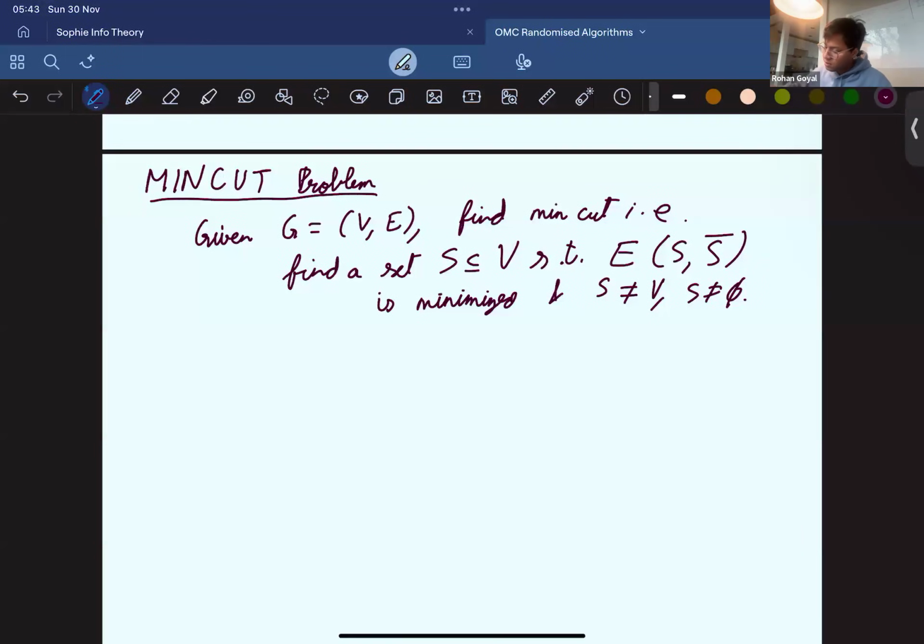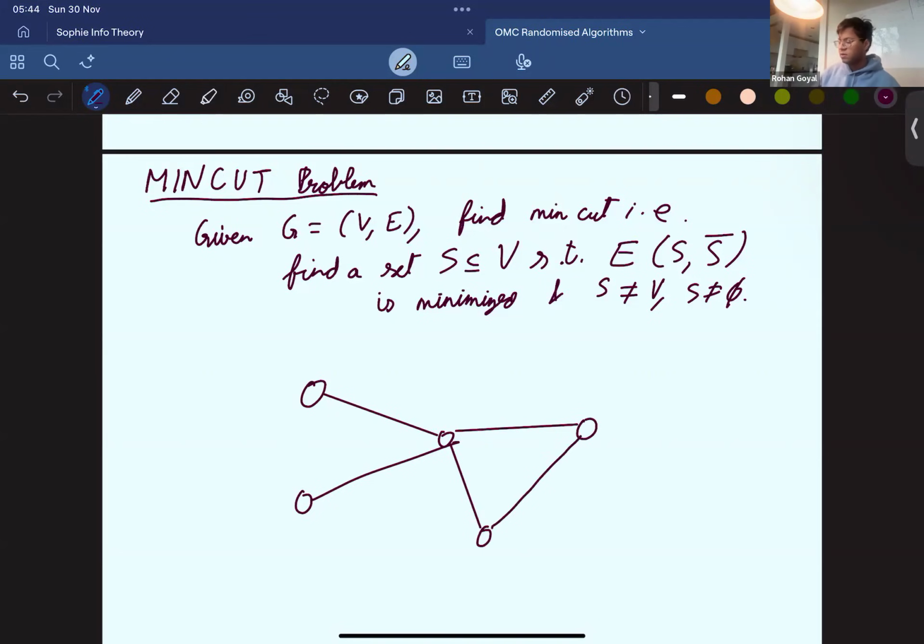So you have some graph. This is your graph. You want to find some subset of nodes such that the number of edges going across is minimized. So here, one such set is just this node separated, because only one edge goes across. So that's a min cut in this case.